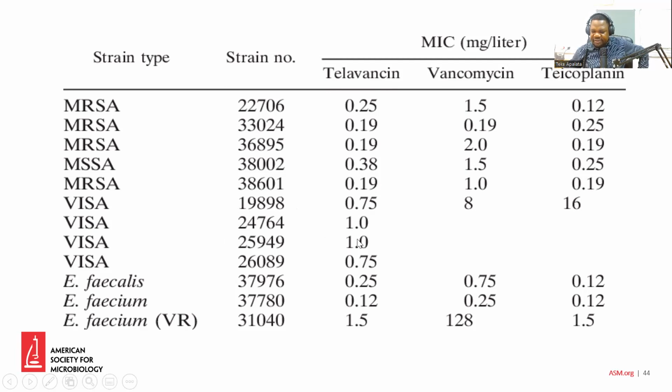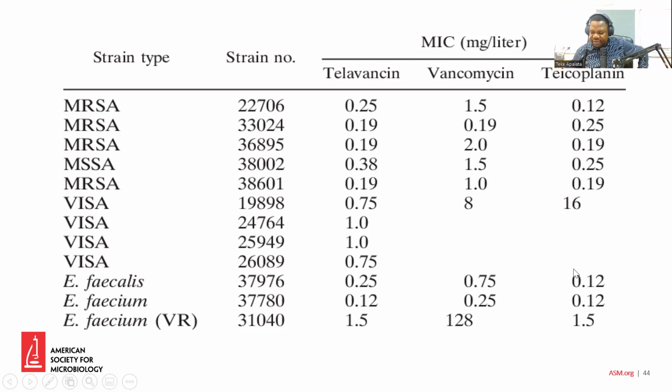For the other strain, the activity was well determined for telavancin, with a MIC of 1. For Enterococcus faecalis, vancomycin has good activity, but the MIC is very high. For faecalis it's 0.75 here, teicoplanin 0.12.